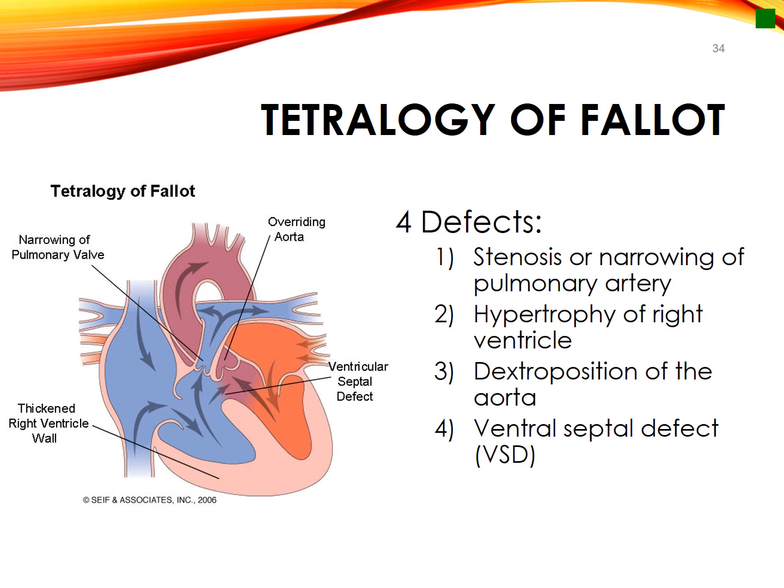And then you have the ventricular septal defect, so you have that hole developed here. So you have the narrowing, the hypertrophy, the dextroposition, meaning wrong spot, and then the ventricular septal defect. So 4 different issues going on with this kind of defect.